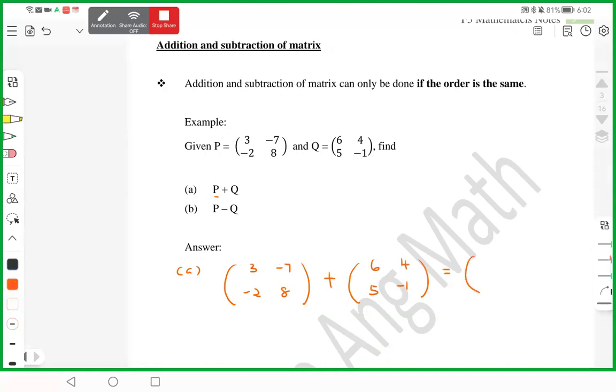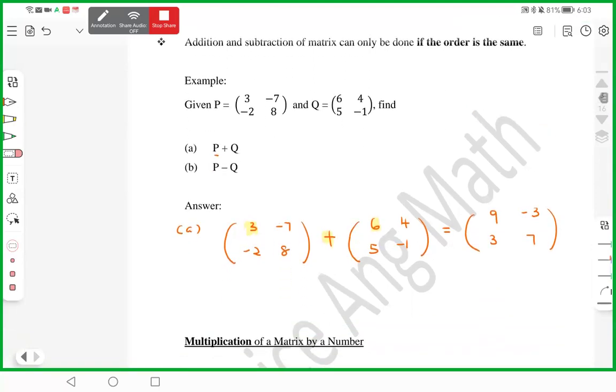Adding from left to right: 9, negative 3, positive 3, 7, done. That's how we do the operation. The matrix is always in bracket form, so you can use this bracket or set notation like this. Both are accepted.